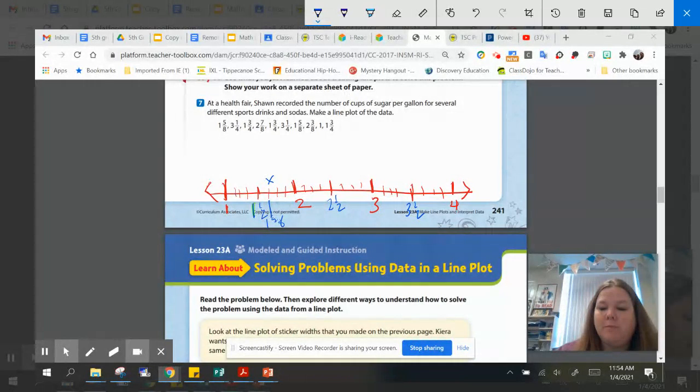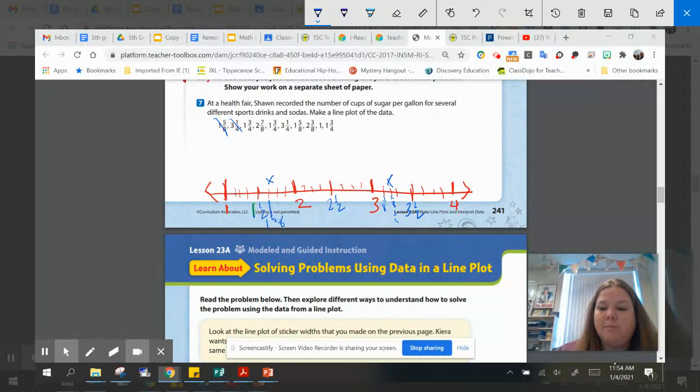And then, so I already did that one. 3 and a 4. So here's 3, and this is 1/8, and then the next would be 2/8, or the same as 1/4. So there is 3 and 1/4. 1 and 3/4.